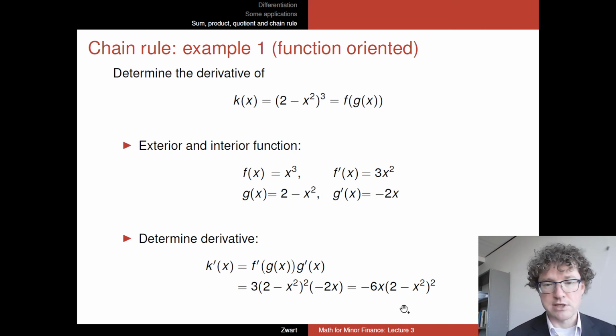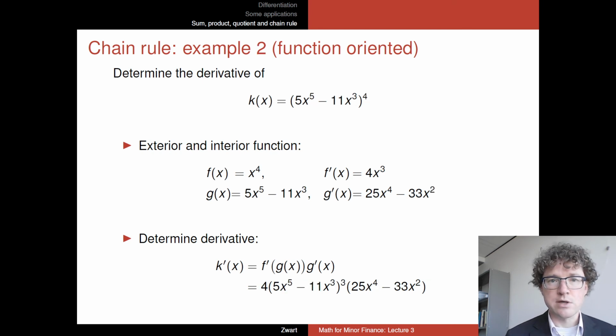So the result is indeed minus 6x times 2 minus x squared. So this is the function-oriented approach. You can yourself try and get the same result if you use this variable-oriented approach.